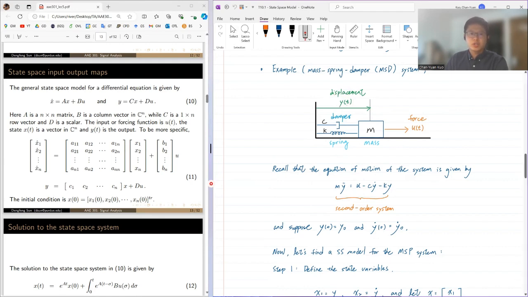The equation of motion of the system is a second-order differential equation given by m y double dot equals u minus c times y dot minus k times y. In addition, the initial displacement and the initial velocity of the mass are y naught and y dot naught. Now, let's derive the state space model from the differential equation.